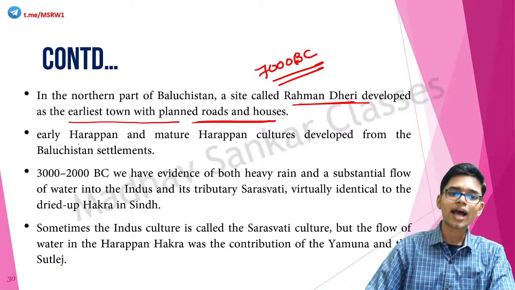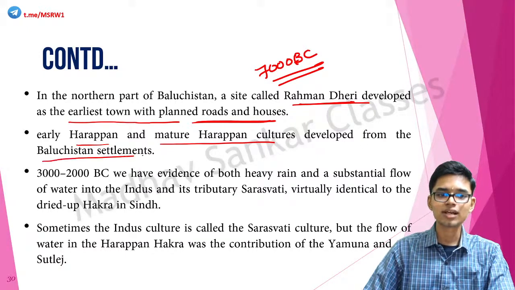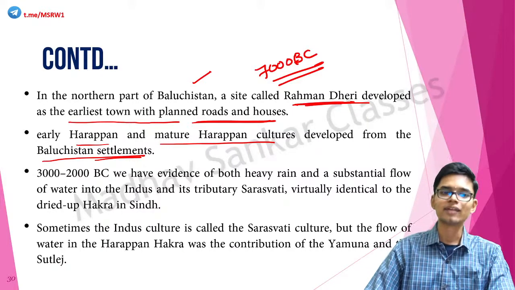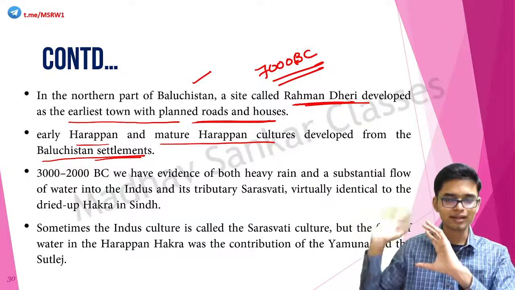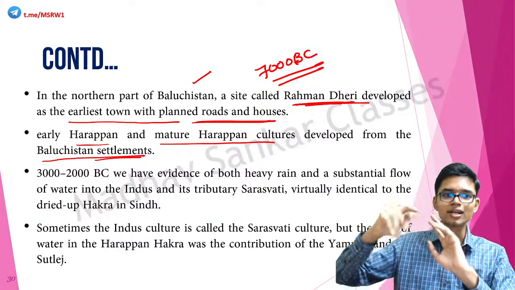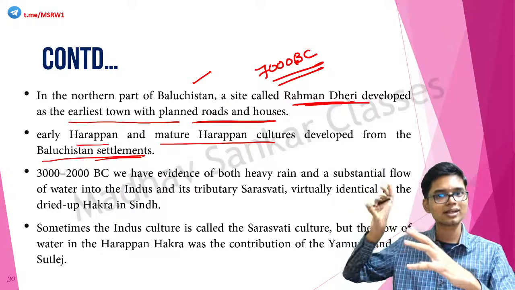Early Harappan and mature Harappan cultures developed from Baluchistan settlements. So that is the beginning. From there, Harappans actually originated, and the early and mature Harappan developments have their origin in this particular area.